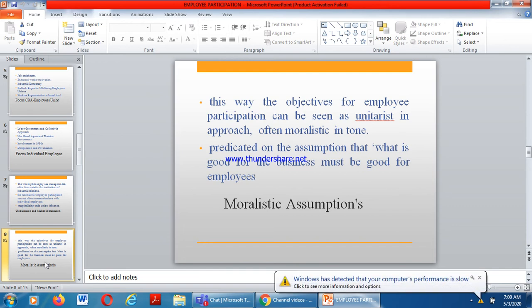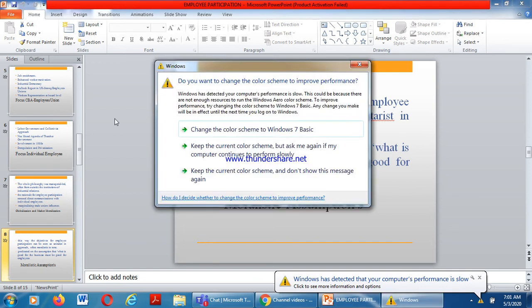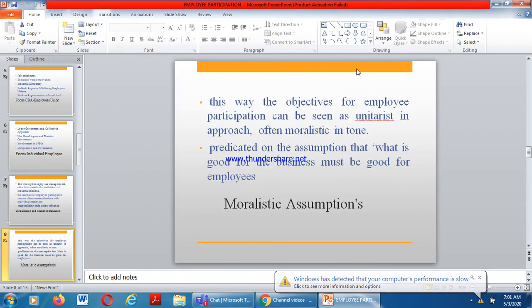So the union role should be restricted. Unions should be curtailed, while there should be a direct relation between the employees and the managers at an individual level, and make such schemes where trust develops between the employees and the management, and their problems come to the floor for discussion.